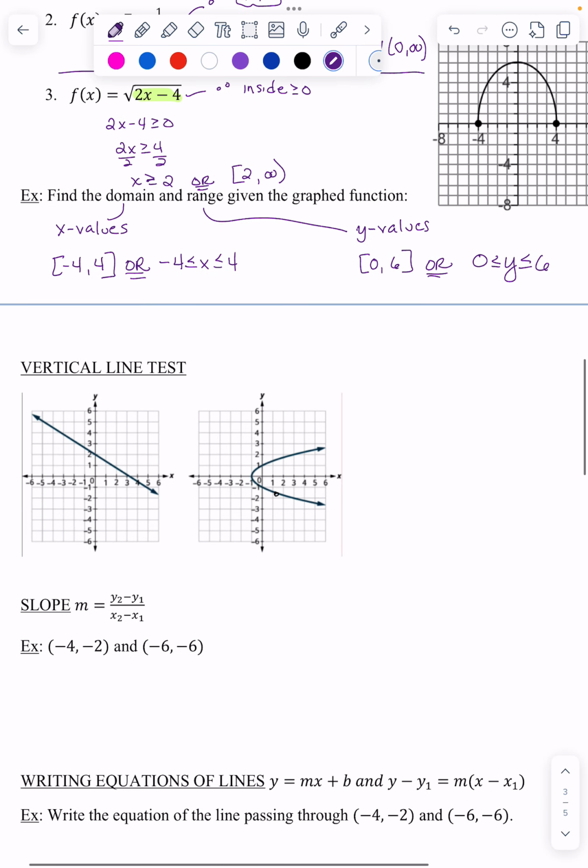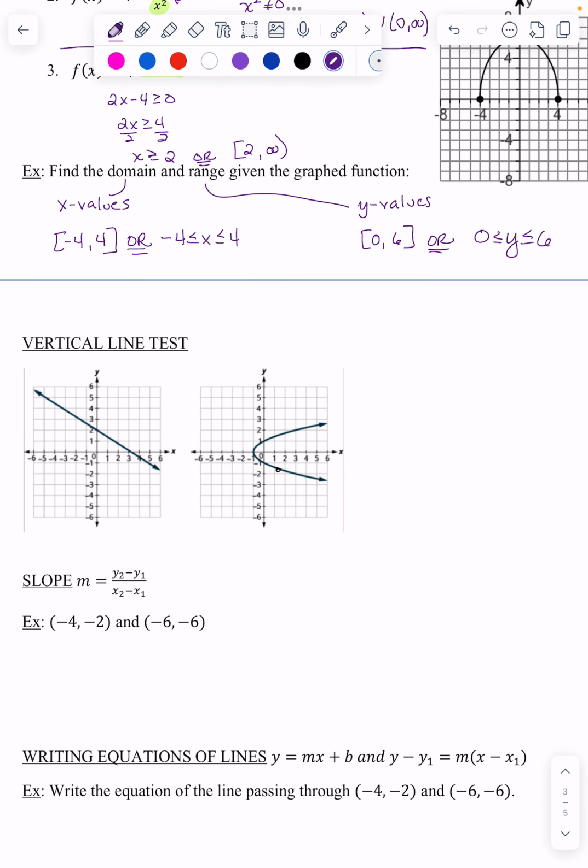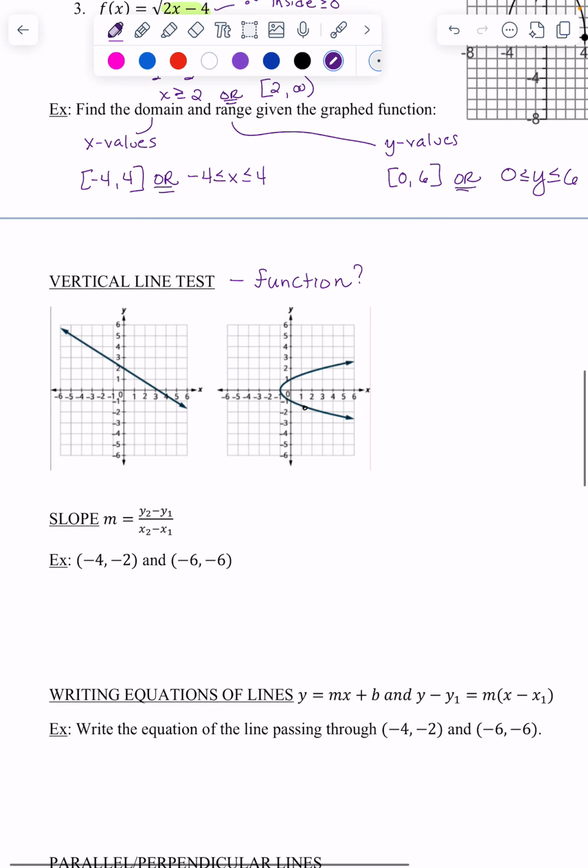Alrighty, we're zipping along. The vertical line test. The vertical line test tells us whether or not we have a function. And remember, for a function, I get one y for every x. So in order to know whether or not I have a function, I use the vertical line test and see if I intersect at each and every point just once, or if I intersect more than once.